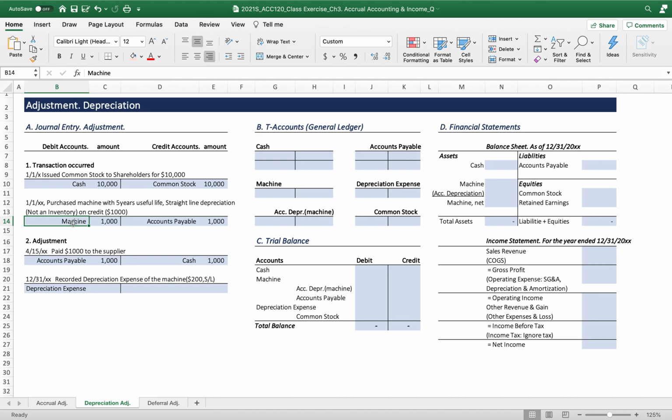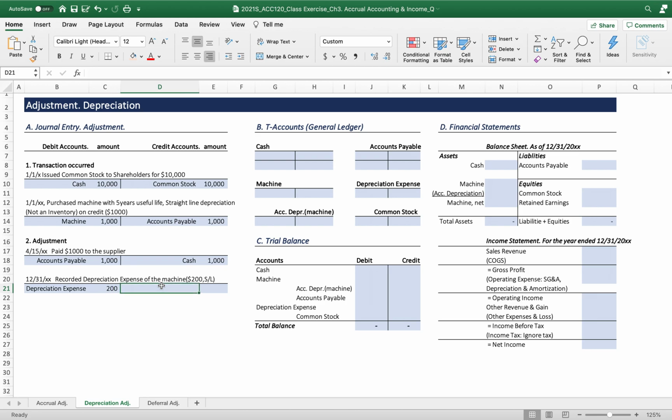Once the company uses this machine, the original cost is not reduced directly, because based on the historical cost principle, this machine $1,000 should remain there to give information to the investors. Depreciation expense, how much is that? $200. How do you get it? 1,000 divided by 5 years, so 200.